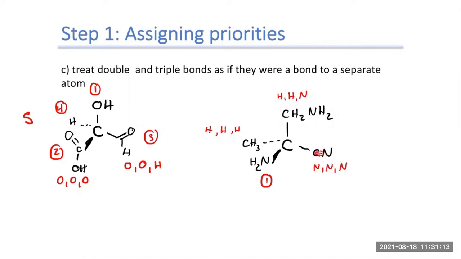So now if we look at this, methyl, that's our lowest priority. Our methylamine here, that's our second to lowest. And our nitrile is our second priority. Which means now we're going in an R configuration.